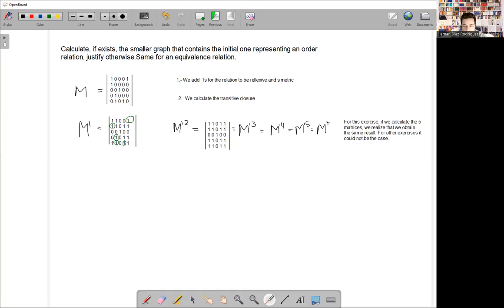Okay, so this is the final answer, right? We have the transitive closure, which is equivalent to this matrix. And this is the final solution.